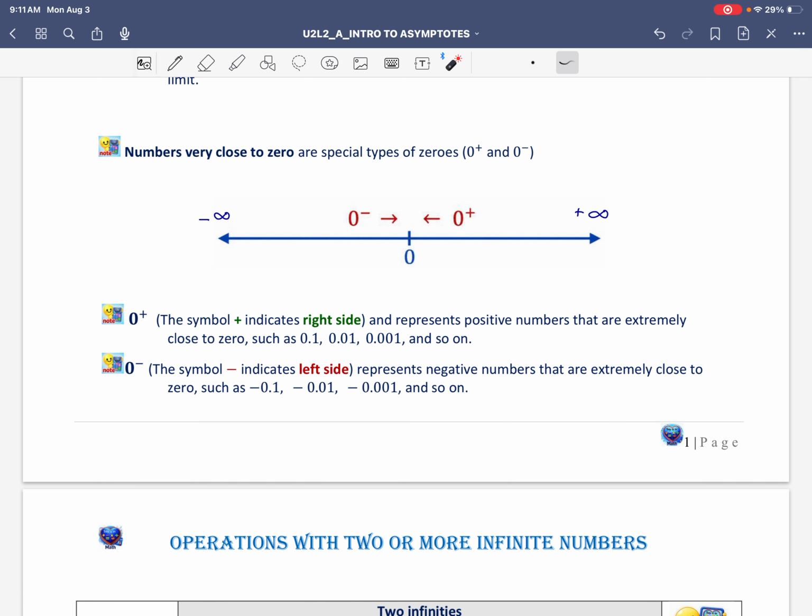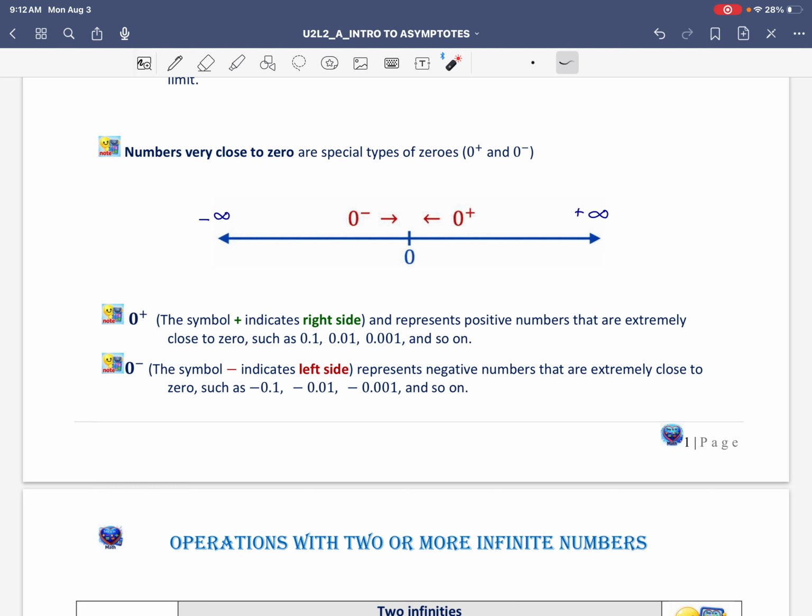These numbers remain positive but become increasingly closer to 0. Similarly, the symbol 0 minus will represent negative numbers that are very close to 0. The negative sign indicates that these values approach 0 from the left side of the number line. Examples include numbers such as negative 0.1, negative 0.01, negative 0.001, and so on. These numbers remain negative but become increasingly closer to 0.